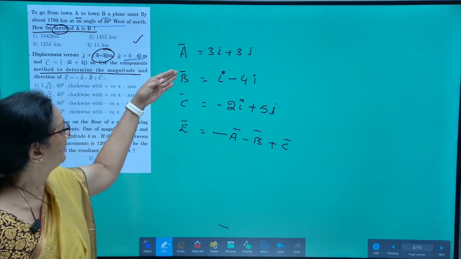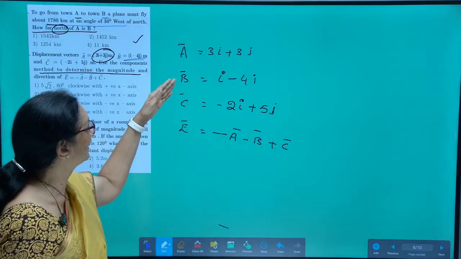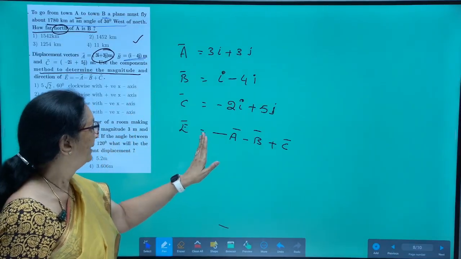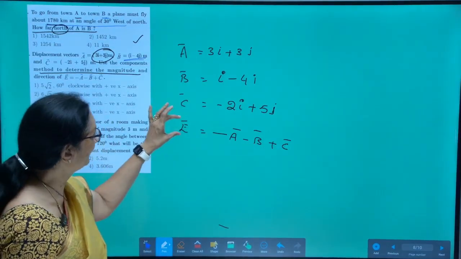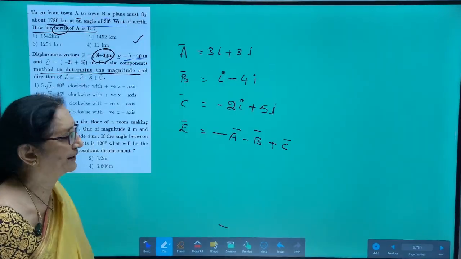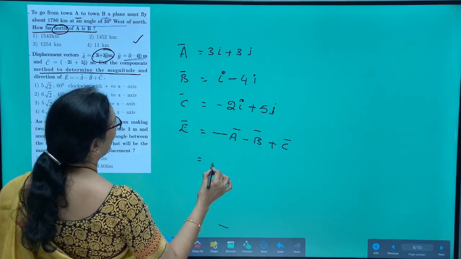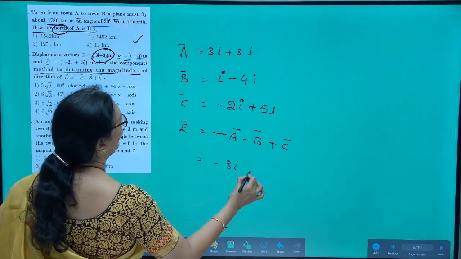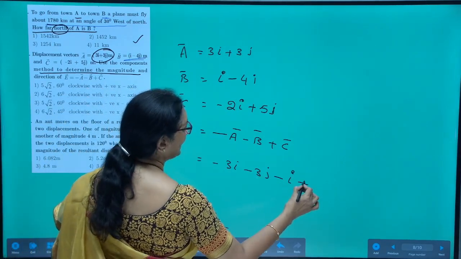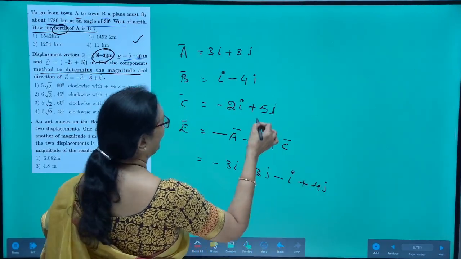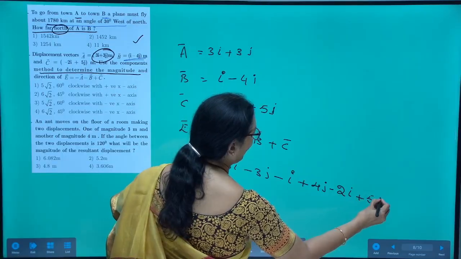Just A bar, B bar, C bar are given. E bar is related to them as minus A bar minus B bar plus C bar. You are supposed to find the magnitude and direction of E bar. Now look here. Minus A bar is minus 3i minus 3j, minus B bar is minus i plus 4j, plus C bar is minus 2i plus 5j.